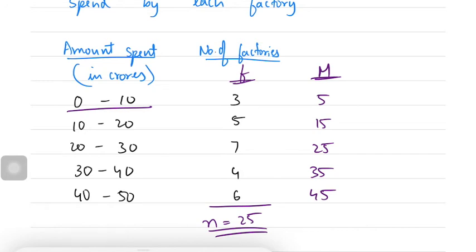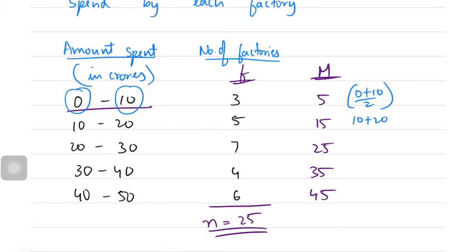I'll just write the calculation. Okay, 0 plus 10 divided by 2. So lower limit plus upper limit divided by 2. Okay, so 10 plus 20 divided by 2.